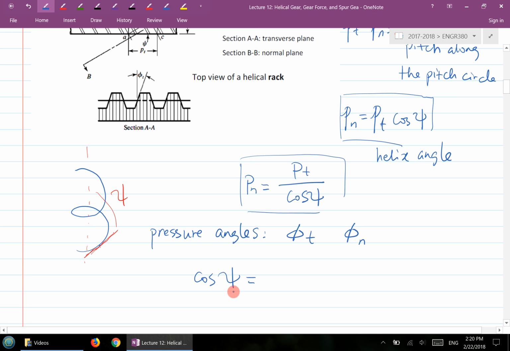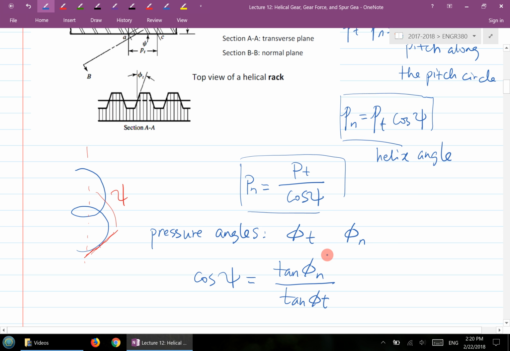If you take the cosine of the helix angle, you get this relationship. The two pressure angles are related to the helix angle, so geometrically these relationships can all be derived.